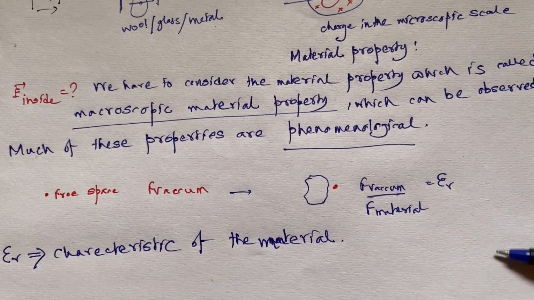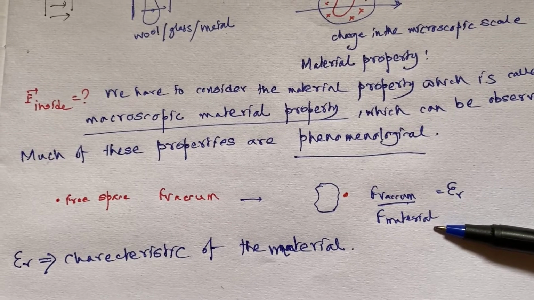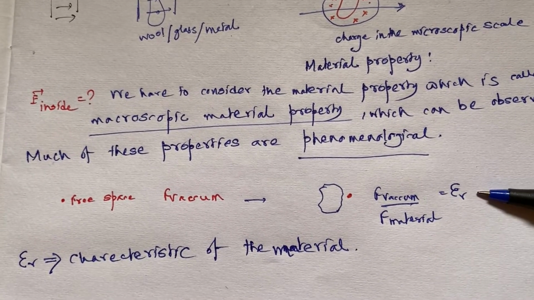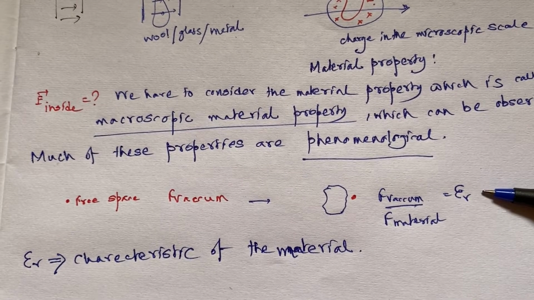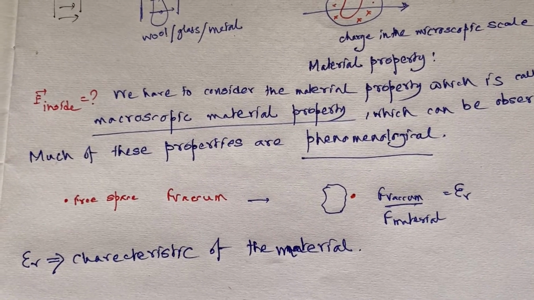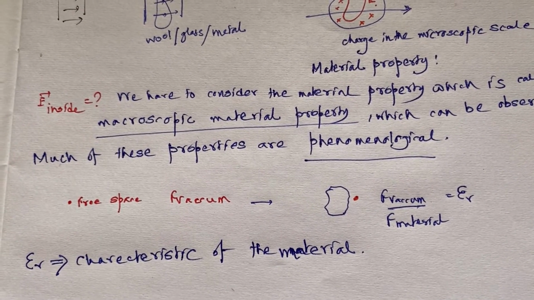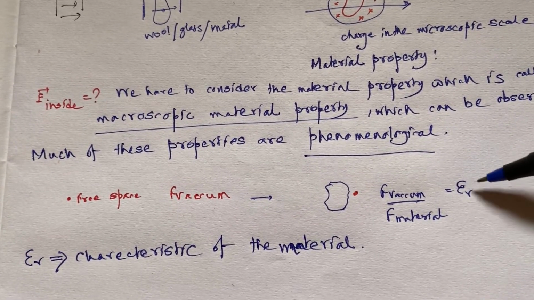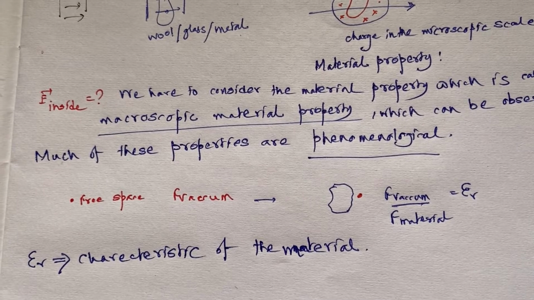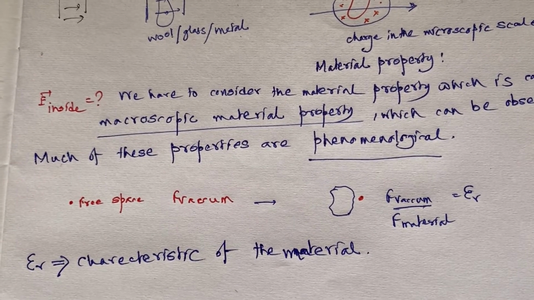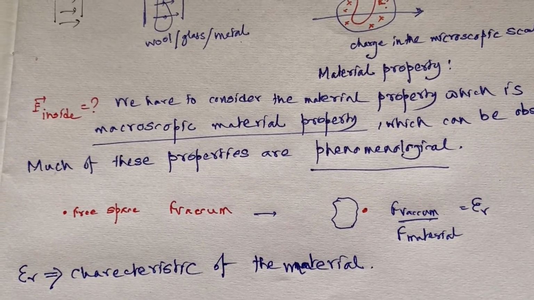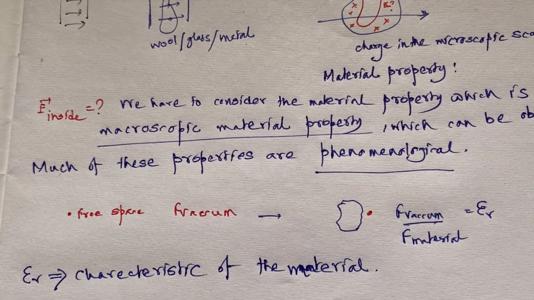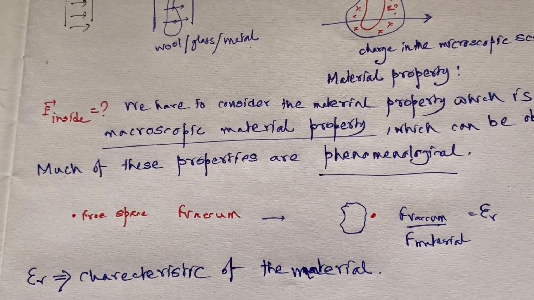Suppose we have observed this F material, then we find the ratio, and this is termed as epsilon R. This epsilon R is called the characteristic of the material, and this is called a material property. If we observe this epsilon R, we are done. We do not need to bother about what is going on inside the material at the microscopic level.